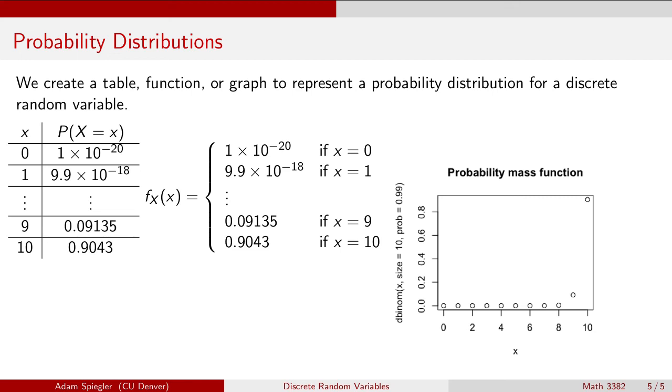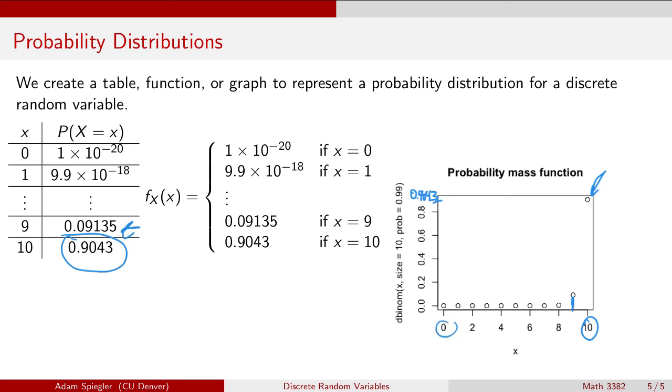What's going on is over here is the probability of getting all 10 good batteries. This point over here has a corresponding y value of 0.9043. That comes from this output that we had over here. And this point over here corresponds to this output over here.